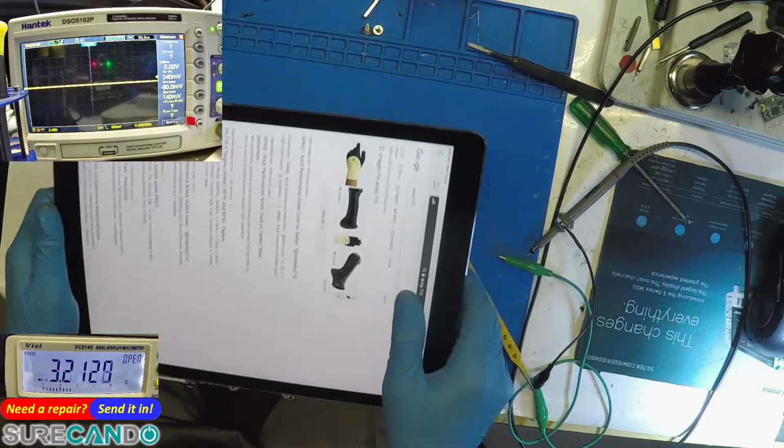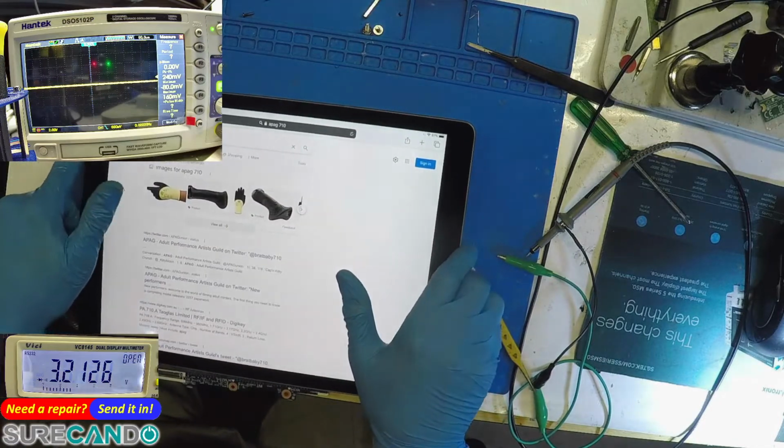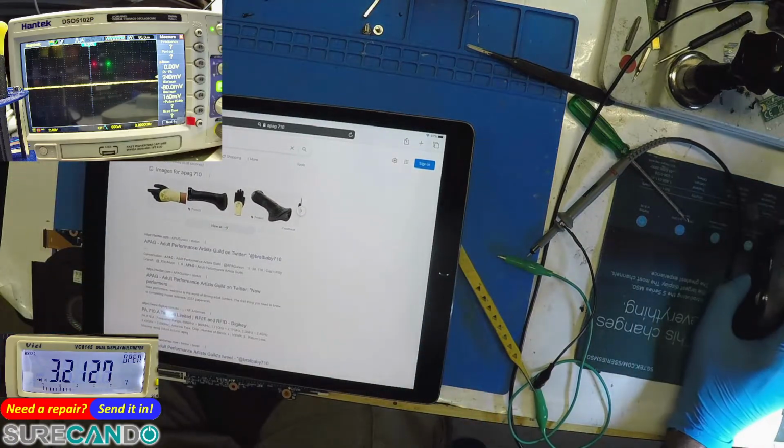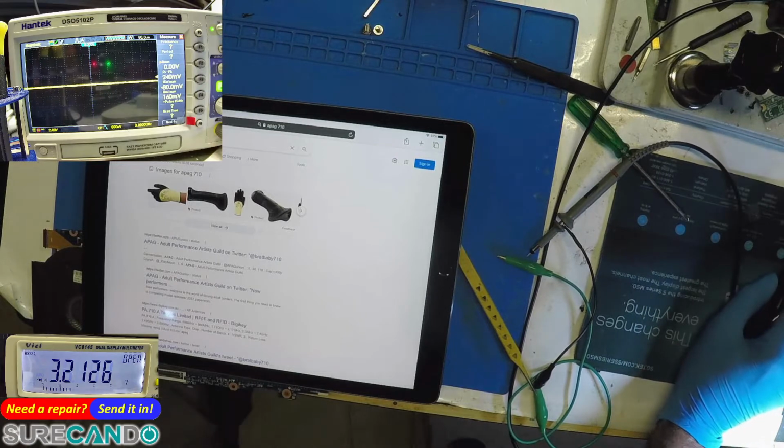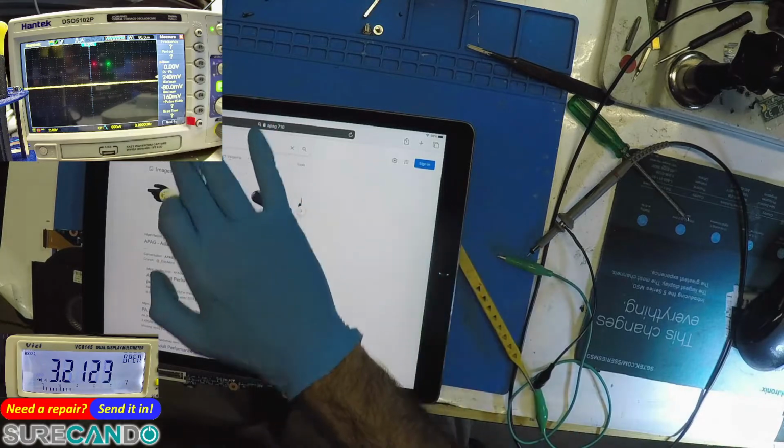Nothing's going to come up because AP is the first two letters we need. 1 second. Okay, let's just have a look at this.